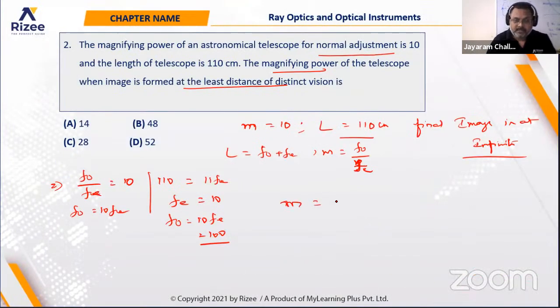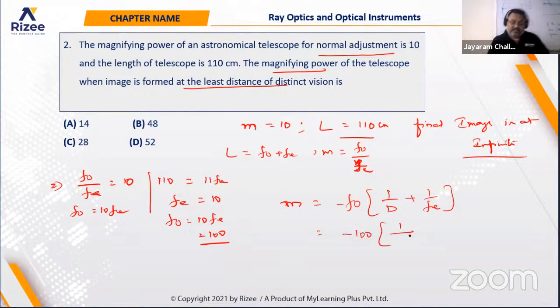So magnification is equal to minus f naught of 1 by d plus 1 by fe. From this one, f naught is going to be minus 100, replace them. What do you mean by d? That is 25 centimeters, the standard value, least distance of distinct vision. Fe value is going to be 10.